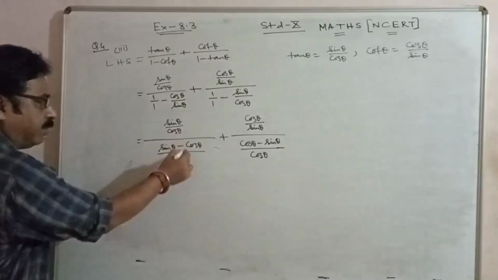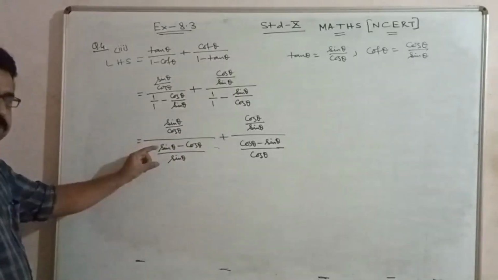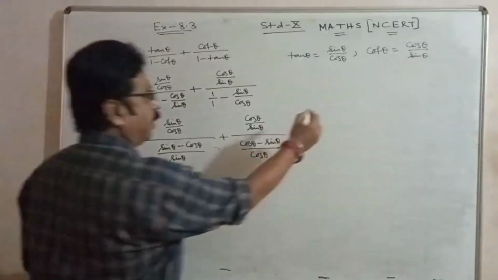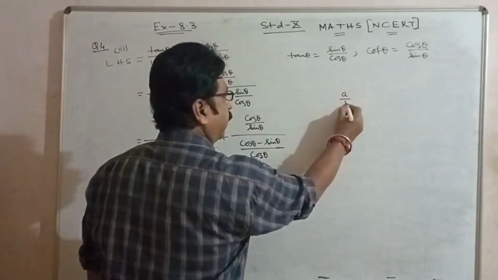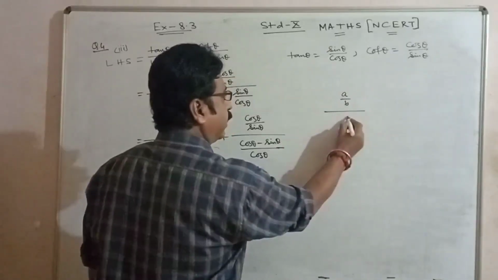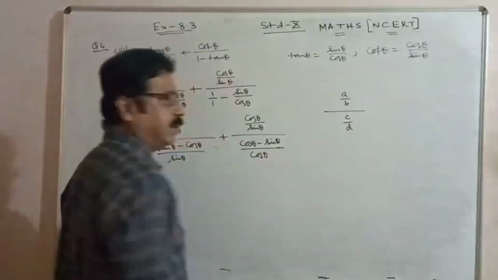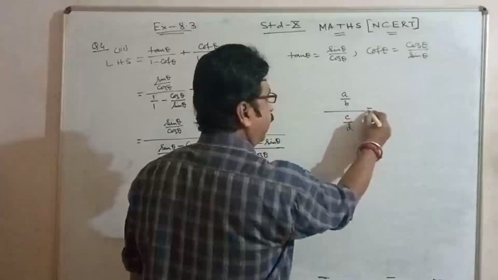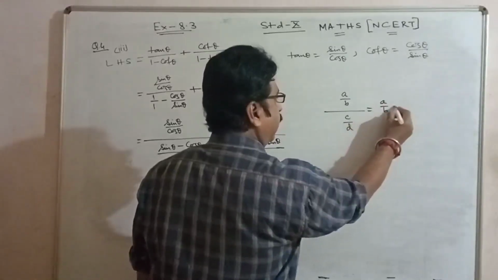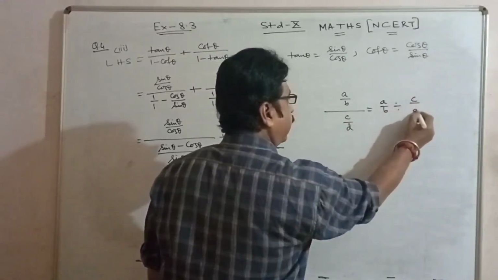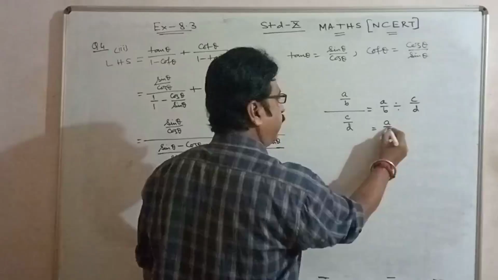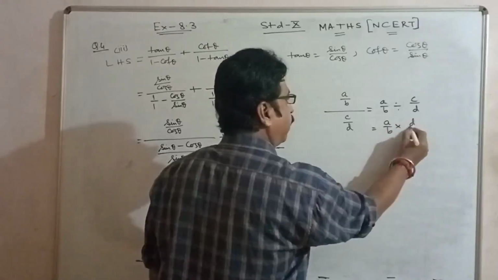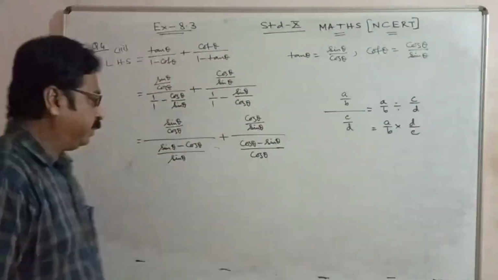This is a fraction, this is also a fraction. Fraction upon fraction. Suppose a upon b is a fraction, divided by c upon d, which is a fraction. So we can write it this way: a upon b divided by c upon d means a upon b into d upon c.